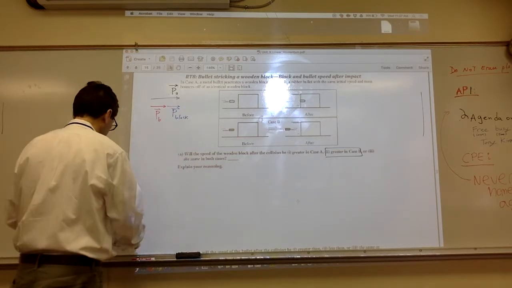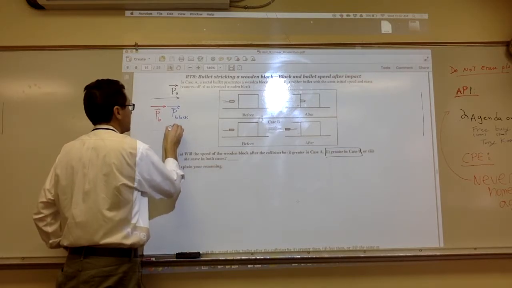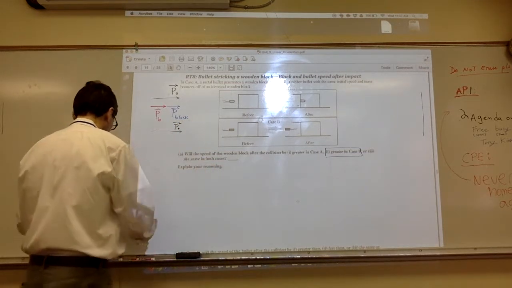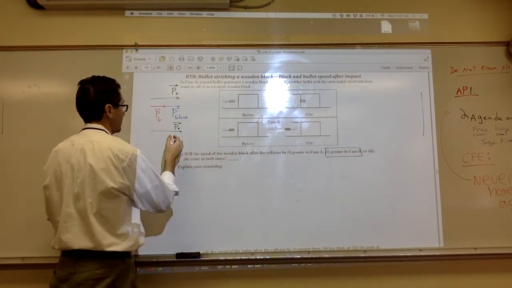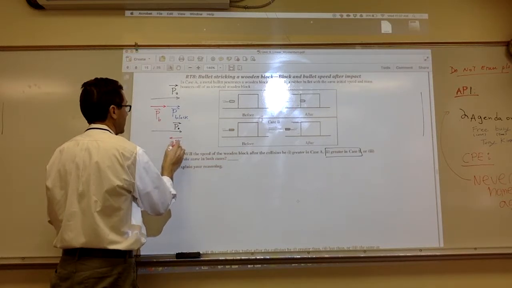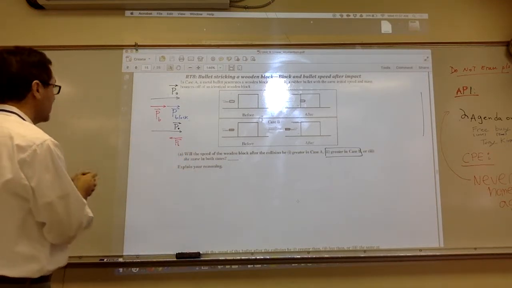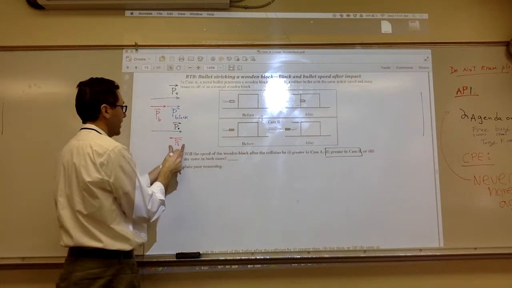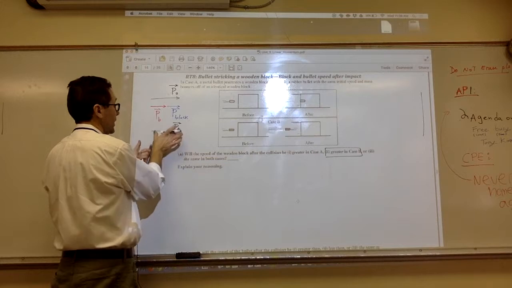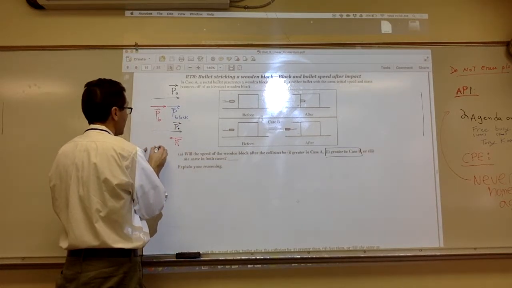Okay. In the second case, you started with this much momentum, but the bullet bounces, which means it really has a negative momentum after. So whatever you have to add to this P_B, okay, so that you end up with P_0, whatever you have to add has to be bigger.